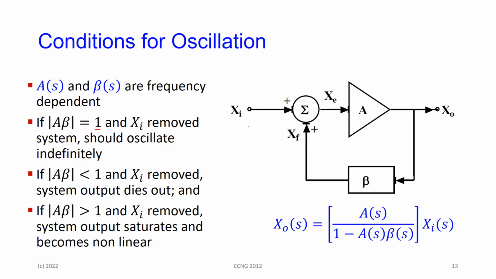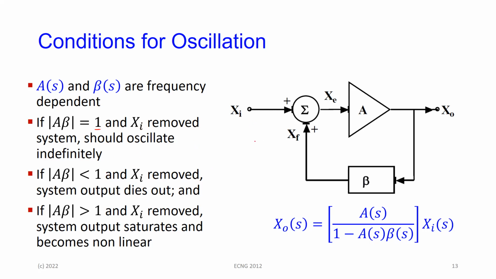Frequently, it will get to 1 and then it will drop a little bit and then the system will stop oscillating. So typically, what we do is, anyway, I'll come to that. Right, so if A beta is 1 and X is removed, we should get our oscillation.